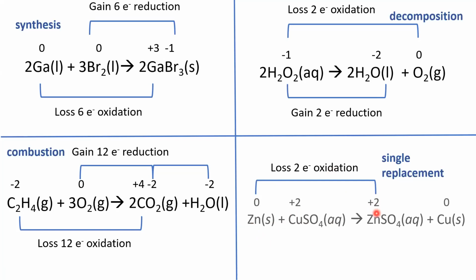It's losing electrons, so it's being oxidized. And the copper is going from a +2 to a 0 by gaining electrons or being reduced. So redox reactions are reactions in which the oxidation numbers change from reactant side to product side. And the 4 examples of redox reactions are synthesis reactions, decomposition reactions, combustion reactions, and single displacement reactions.